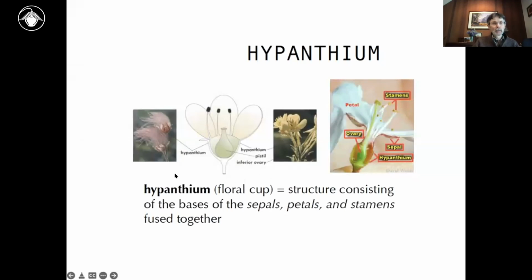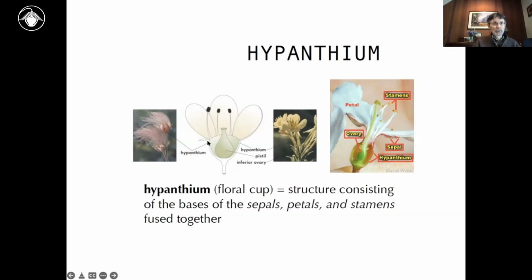The term hypanthium, though, is used in the Jepson eFlora glossary and Jepson Manual glossary. And here you can see a longitudinal section of a flower where you can see that the bases of the sepals, petals, and stamens are fused together, and they form this cup within which the pistil appears to be sitting.